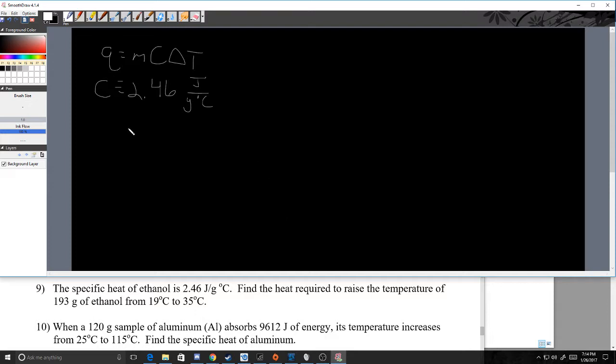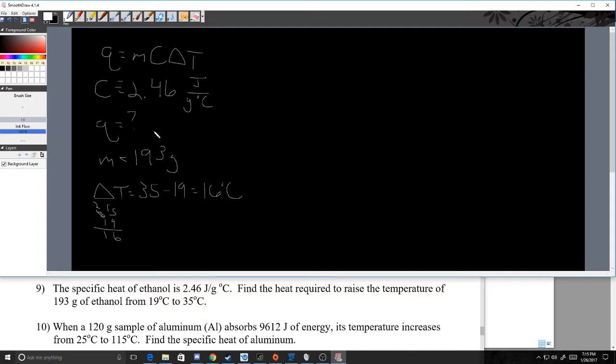They want to find the heat required, so they're looking for Q in this case, to raise the temperature of 193 grams, which gets us our mass, from 19 degrees Celsius to 35 degrees Celsius. So we're starting at 19, we're ending at 35. Our change in temp is equal to 35 minus 19, which gives us 16 degrees Celsius.